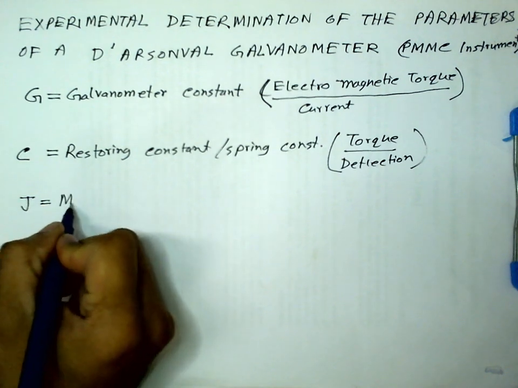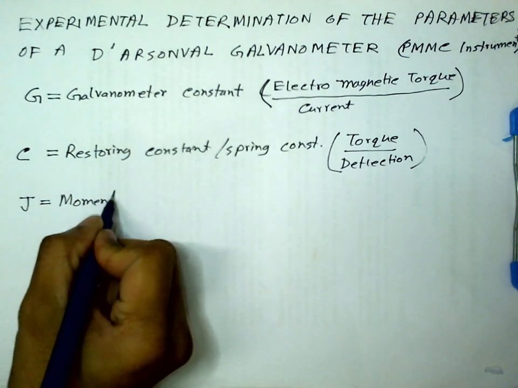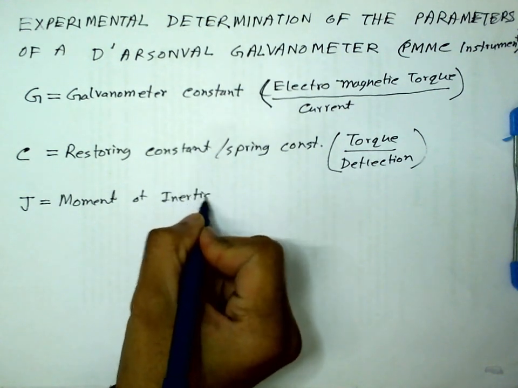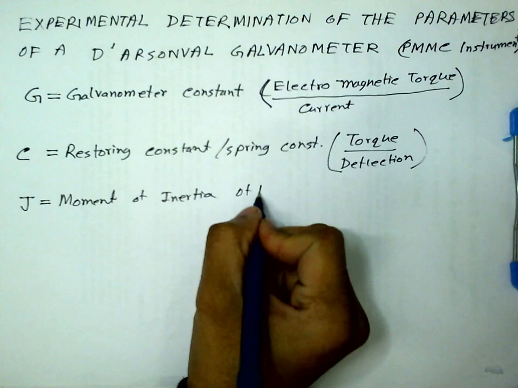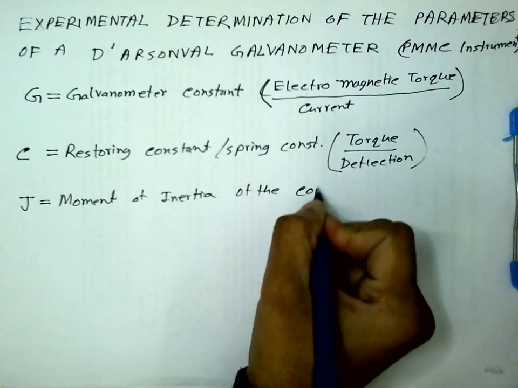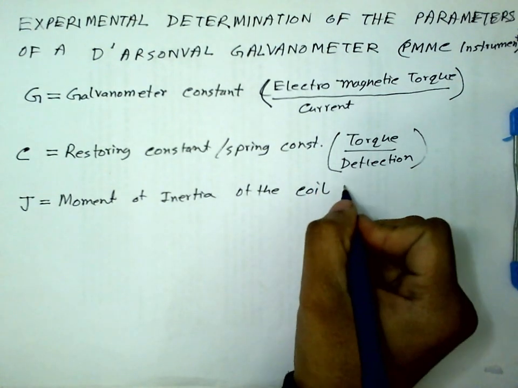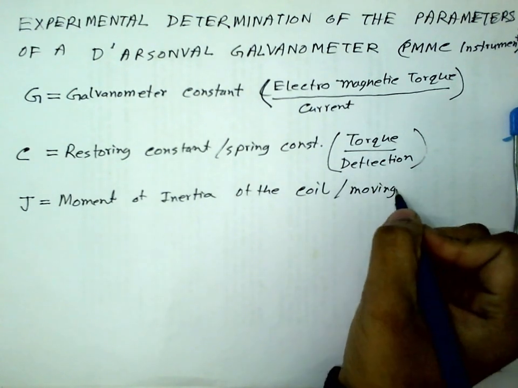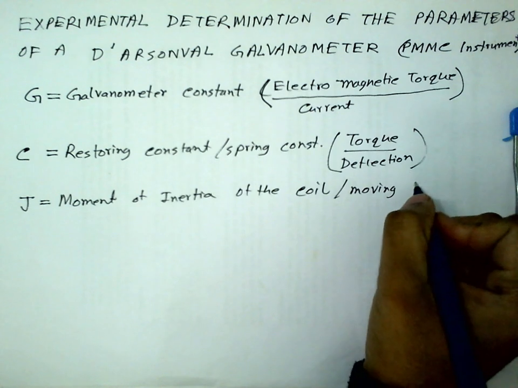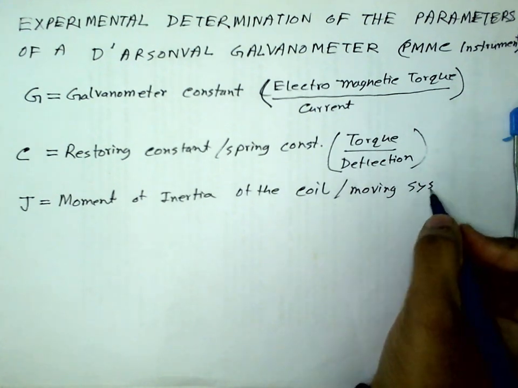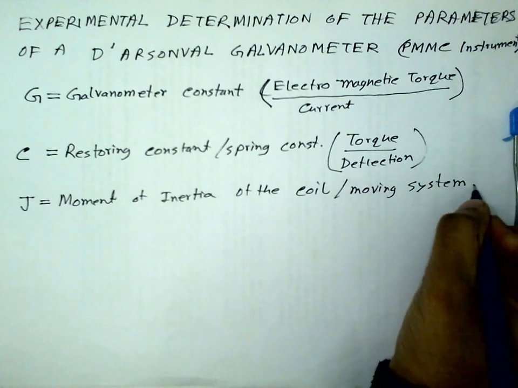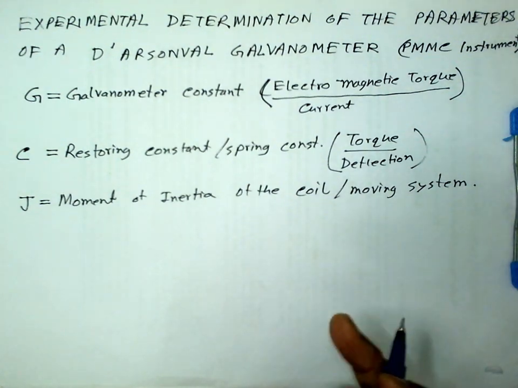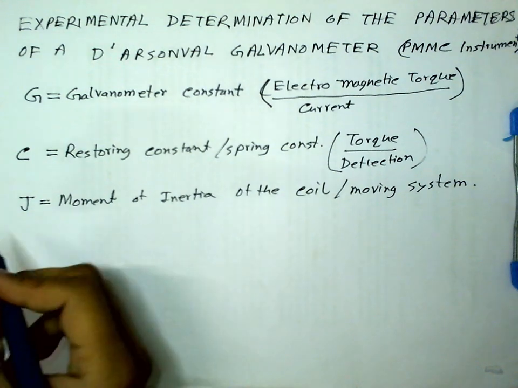And we will use the symbol J for moment of inertia of the coil and the attached moving system, that means former, pointer, etc. It's better to say the moment of inertia of the moving system: coil, pointer, frame, everything.